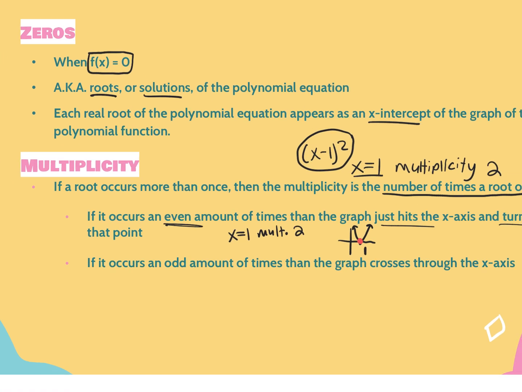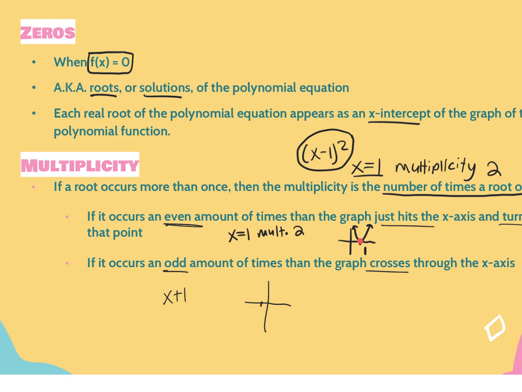Now, if the multiplicity is odd, meaning, let's say I just have, I don't know, x plus 1 as my function, right? That's just a line. All you're going to do is cross the x-axis when you're graphing, all right? So odd multiplicities cross, right? So if I had something like this, it would cross somewhere right there.